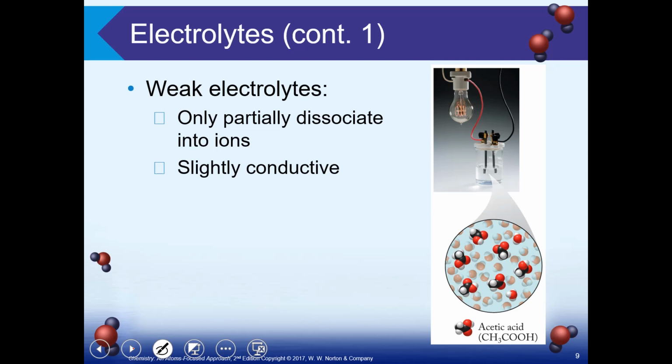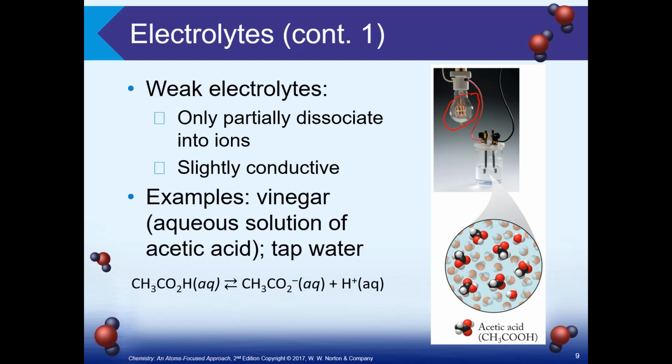Weak electrolytes are things that only partially dissociate in solution. So they're slightly conductive. If you hook them up to an electrical circuit, you get a little bit of electricity going through there, but not enough to light the light bulb up brightly like it was in the last slide. So if we do things like our weak acid, acetic acid, remember we said that most of acetic acid was still in molecular form, and we only have a very small amount that's dissociated.